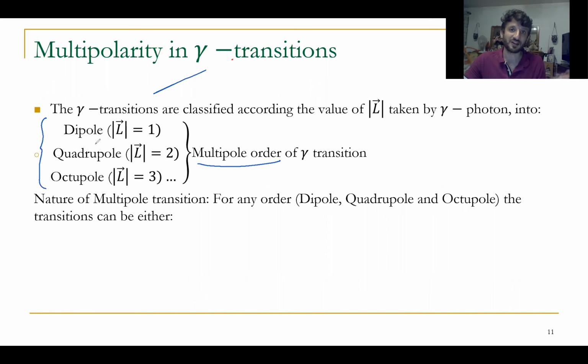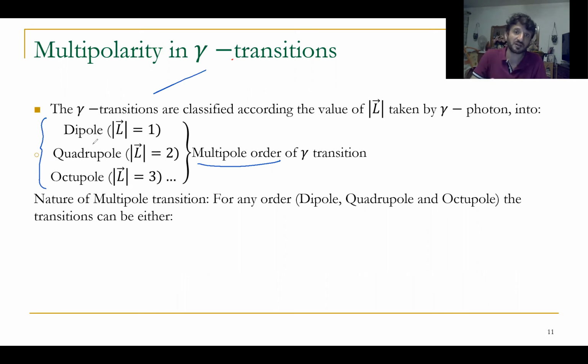What I mean, if L equals 1, we have dipole, but this dipole can be electric or magnetic. You know we have an electromagnetic radiation. So for each value of L, the transition can be electric dipole or magnetic dipole. It can be electric quadrupole or magnetic quadrupole. It can be electric octupole or magnetic octupole.